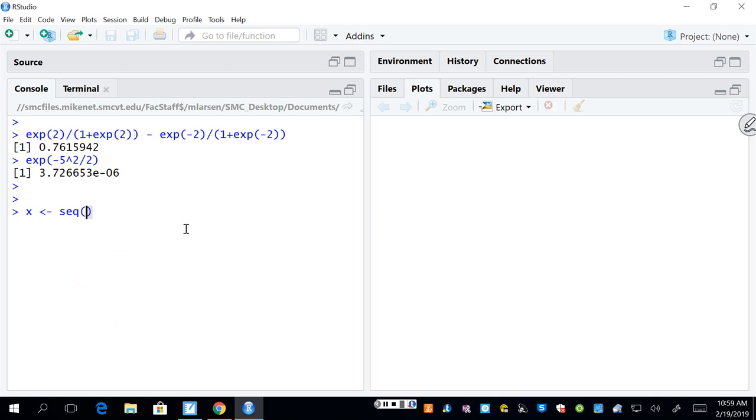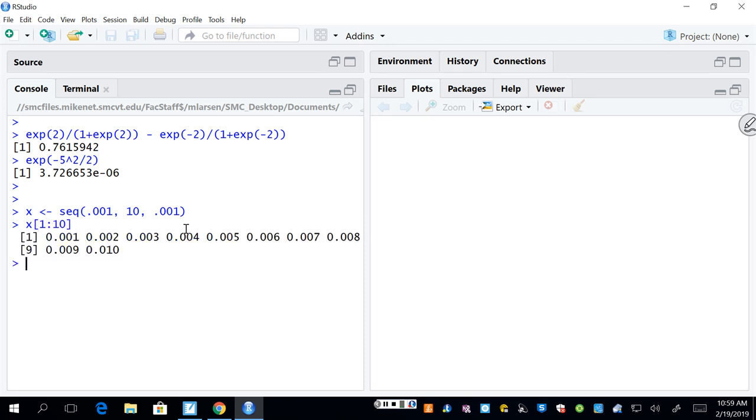Sequence is a little function. And we can do 0.001 up to, say, 10, and we can do it by little steps, like 0.001. So x is a bunch of values; here are the first two. It goes 0.001, 0.002, all the way up to 10. So it's all those values.